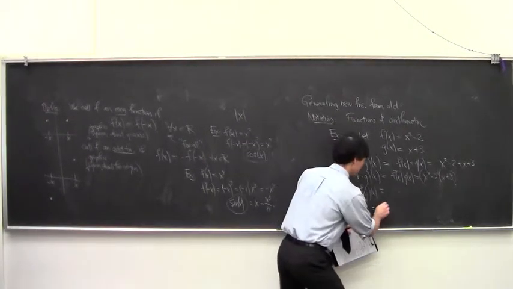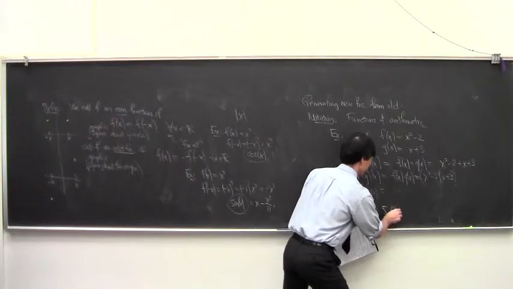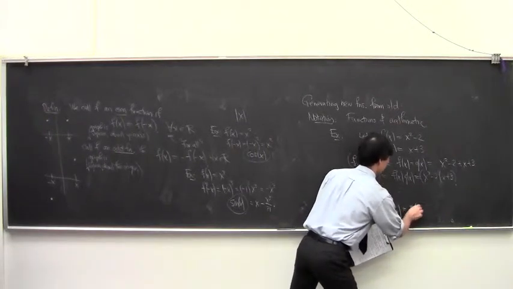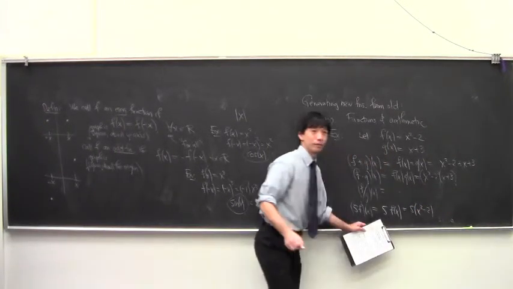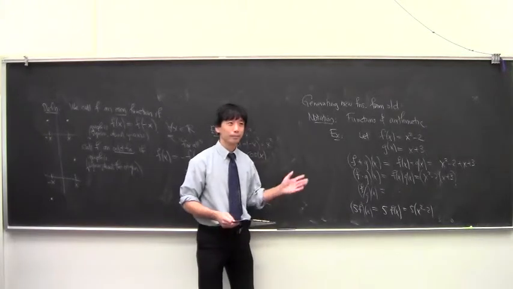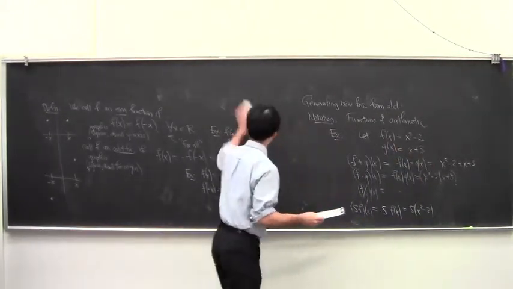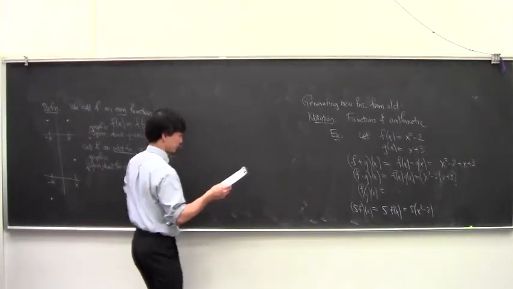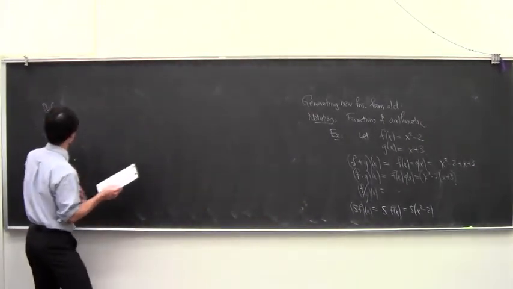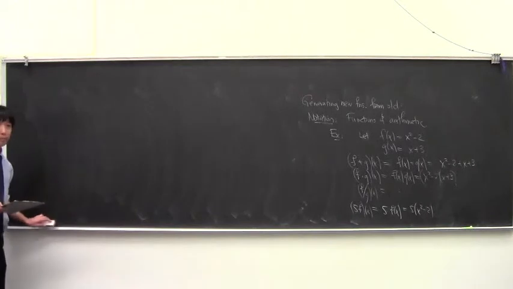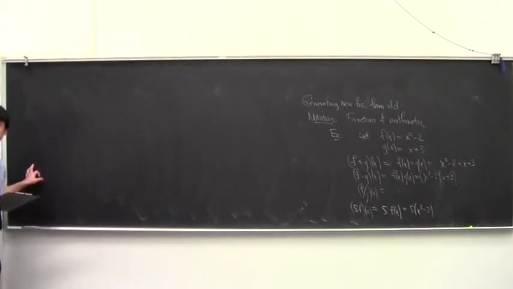Just multiply by 5, so I mean 5 times f of x. So, just notation. Everyone all right? Any questions?